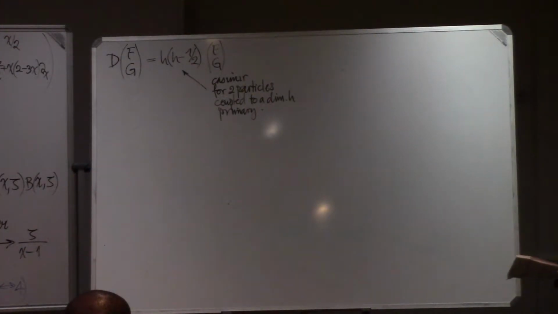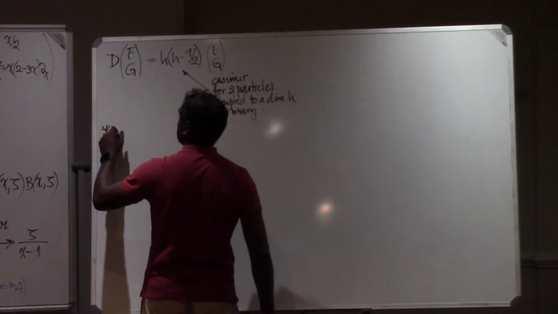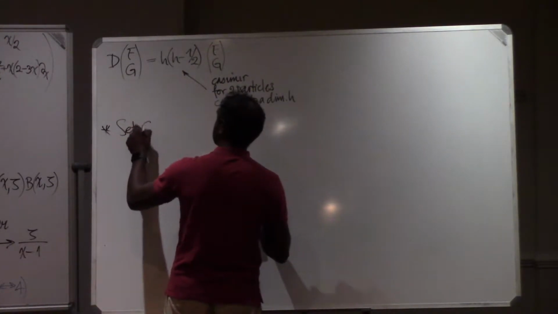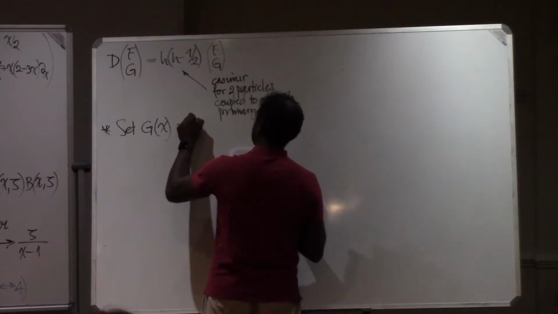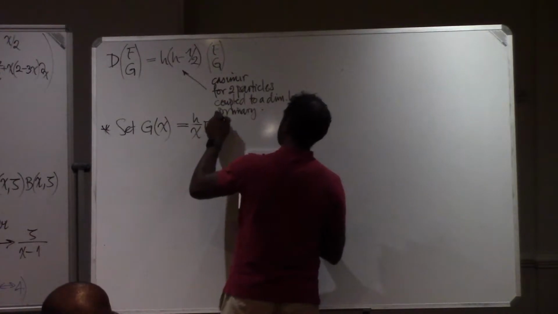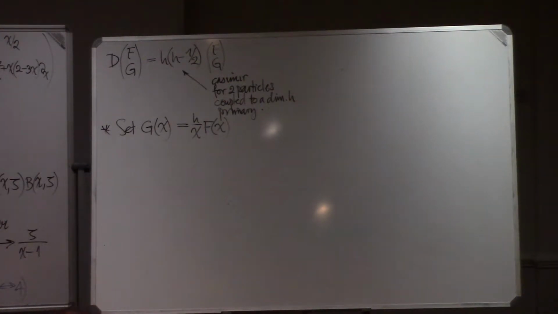So to solve this eigenvalue problem, you can do the following. We'll take as an ansatz that g of chi is h over chi times f of chi. It seems like it's just coming out of thin air, but it's not.